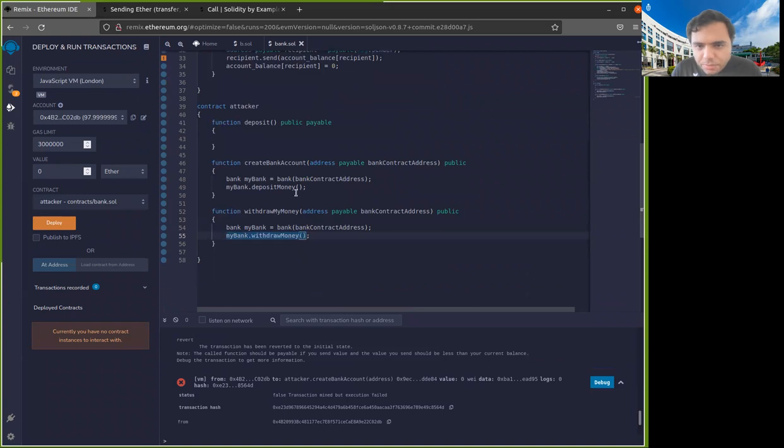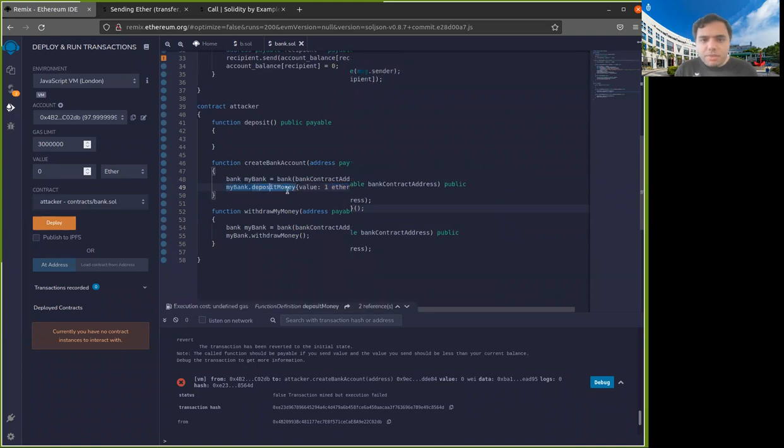So I think this was how we would do it. I would just say value 1 Ether. Yes. So this basically means that I'm calling the deposit money function in my bank, but this call also has a value of 1 Ether. So I'm also sending 1 Ether worth of money when I'm calling this deposit money function.